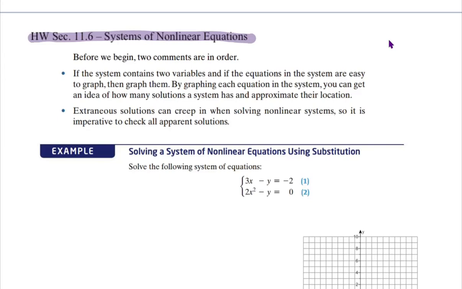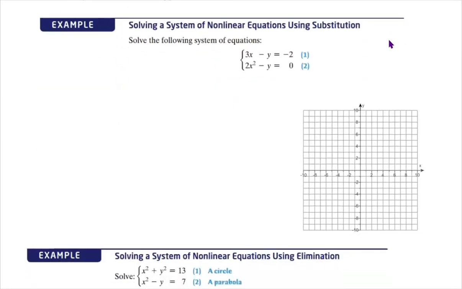Then when you graph them, it gives you a view of your solutions. You can locate them, and you start the solving with more confidence than if you don't know where you're going. Also, extraneous solutions can sometimes be there, so it's a good thing to test your solutions. I mean, to check them to make sure that these are the right solutions.